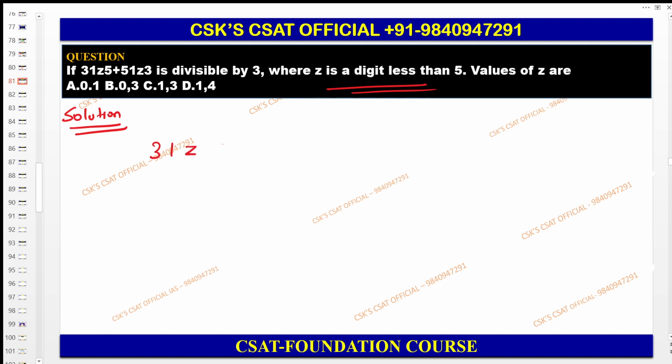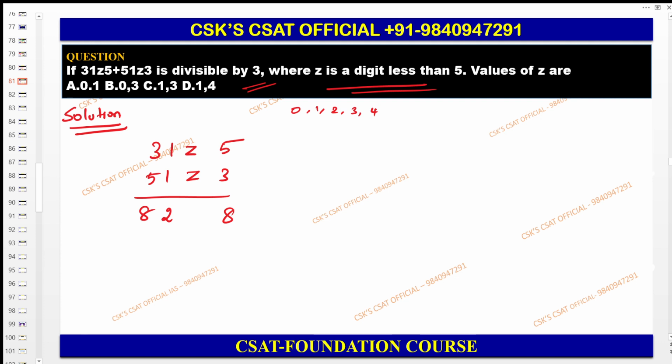Now 3 1 z 5, 5 1 z 3. Now this is 8, right? Now here 2, here 8, right? It is given as divisible by 3. So a digit less than 5. Nowhere is it mentioned as a natural number, so you can take 0 also, right? 0 1 2 3 4.